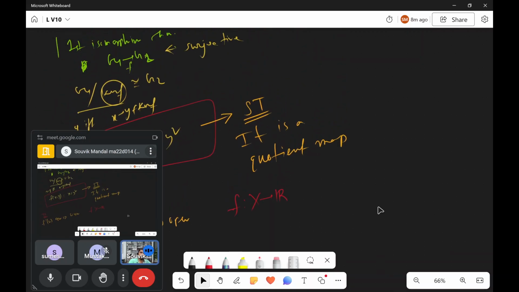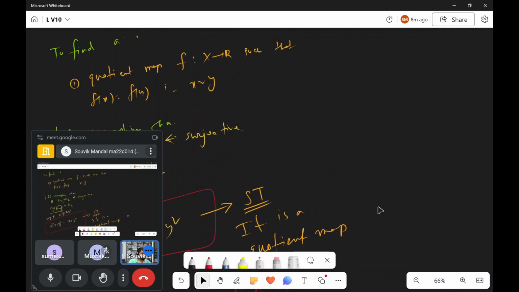So what we are trying to find is the quotient map little f from X to R such that f(x) equals f(y) if and only if x is equivalent to y. This is similar to saying that there exists some f tilde from the quotient space to R which will be a homeomorphism. So such a diagram will be there.